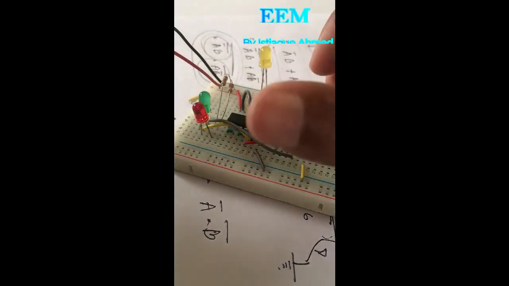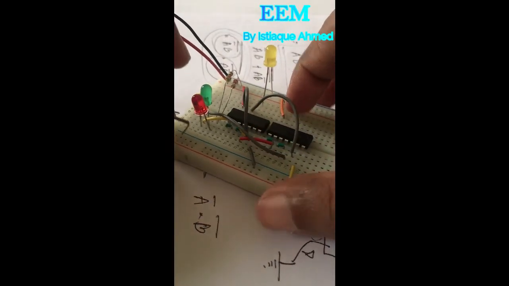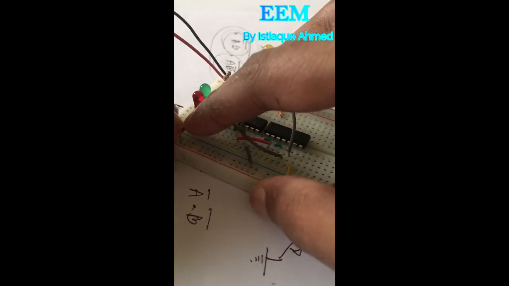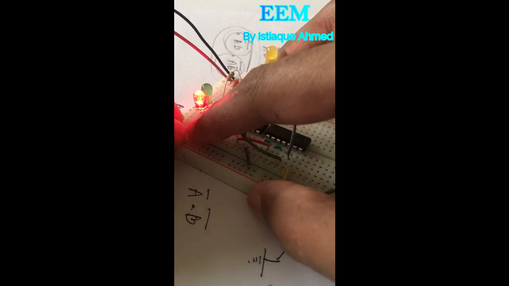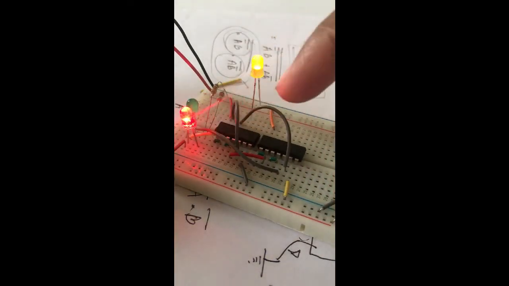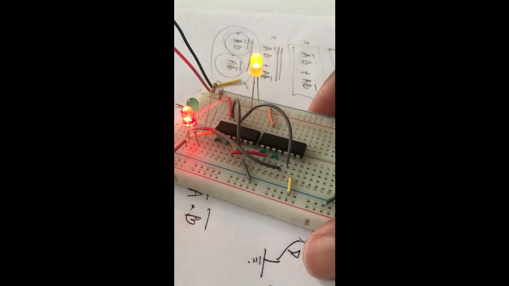So we have to put an input here. B is 1, so the output is glowing. You see B, output 1. So what does our truth table say? Let's just check.